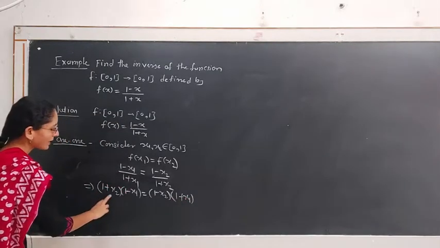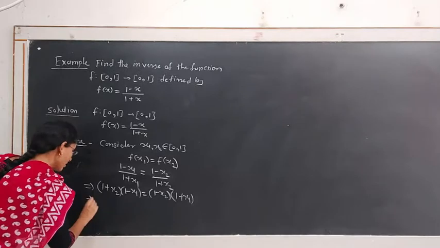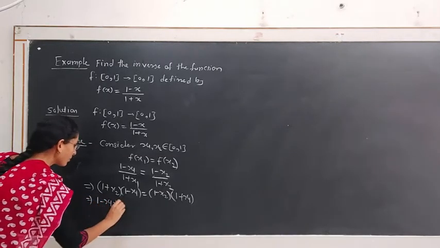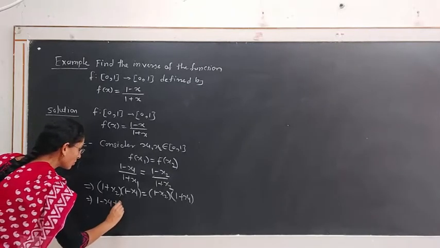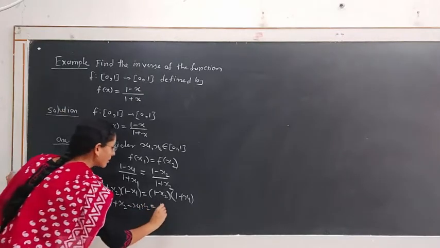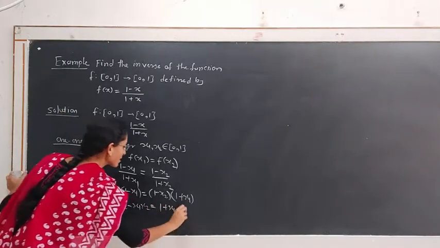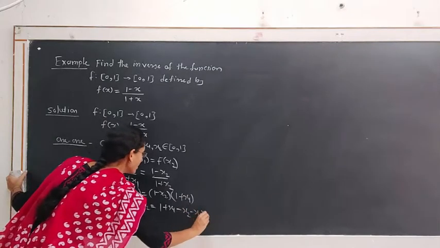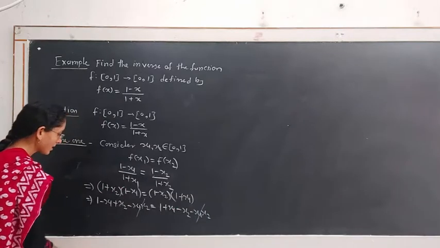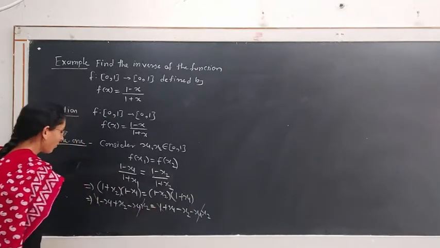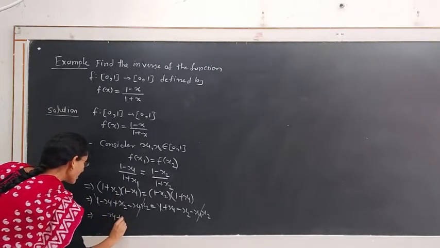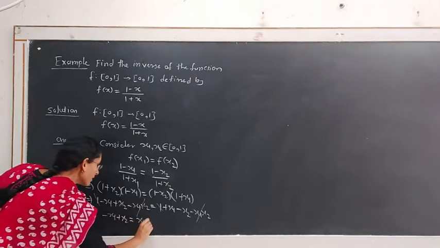Taking multiplication of each term of the bracket, 1 minus x1 plus x2 minus x1x2 is equal to 1 plus x1 minus x2 minus x1x2. These minus x1x2 terms are cancelled from both sides. Also the 1 is cancelled with the 1. What is the remaining term? Minus x1 plus x2 is equal to x1 minus x2.